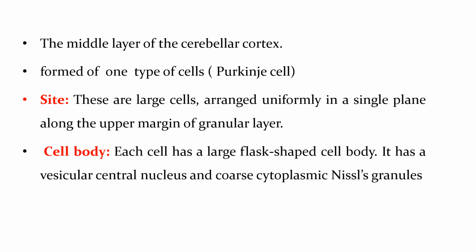As regards the site, these are large cells arranged uniformly in a single plane along the upper margin of the granular layer. As regards the cell body, each cell has a large flask-shaped cell body. It has a vesicular central nucleus because it is an active cell, and it contains coarse cytoplasmic Nissl granules.